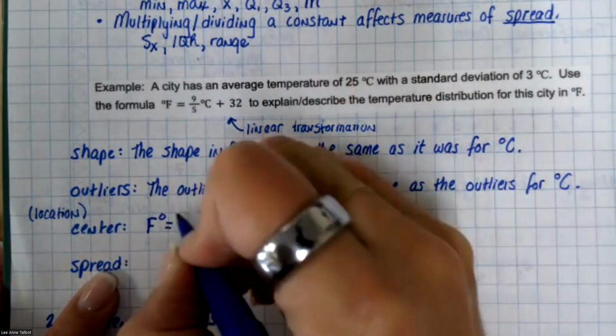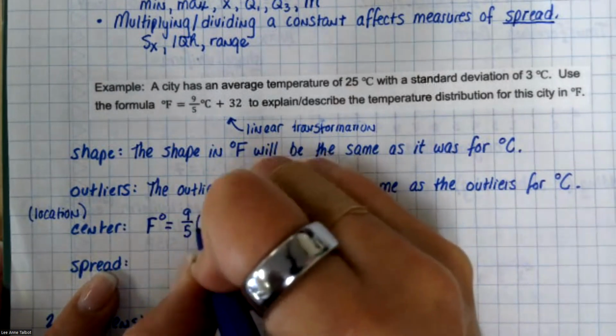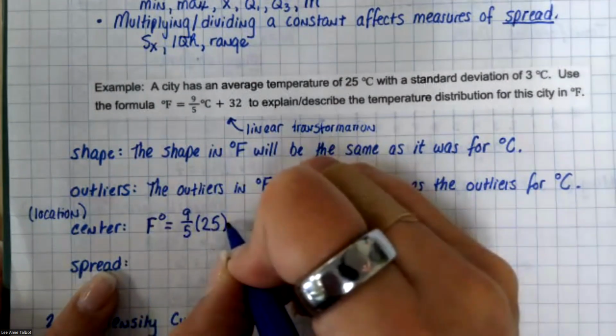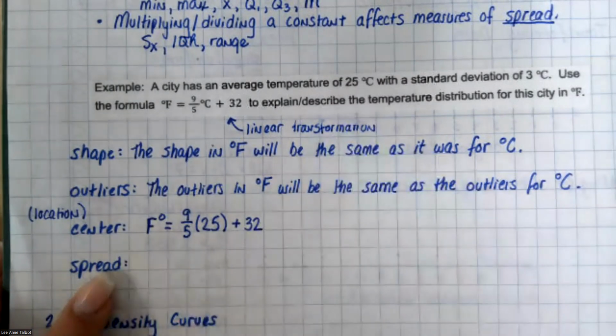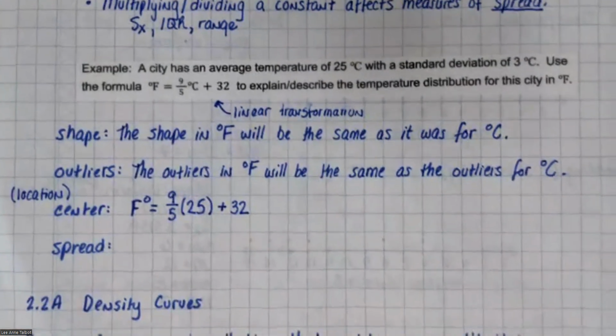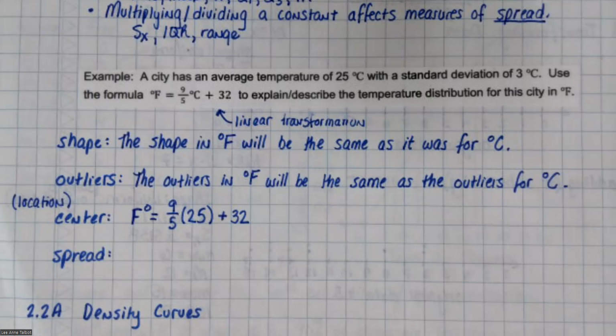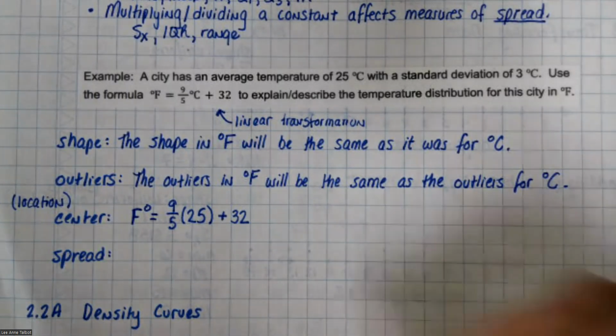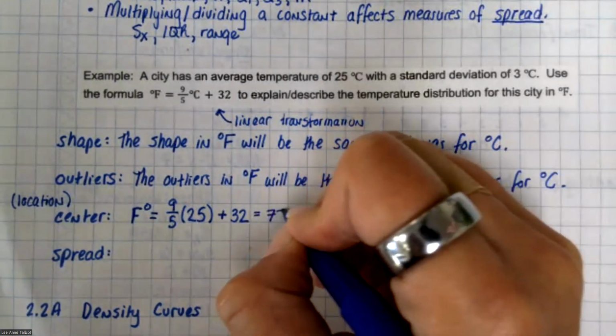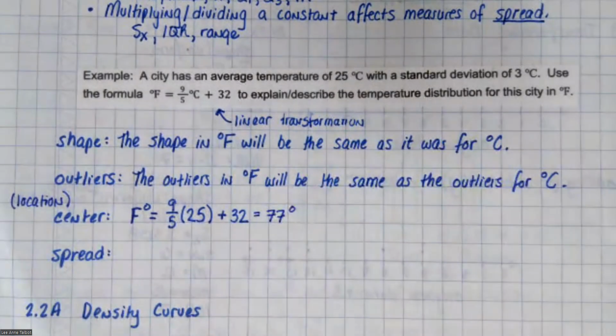So it's going to be 9/5 times 25 plus 32. It's basically like a function machine. I take my 25 and plug it in the Celsius spot, and that is 77 degrees Fahrenheit.